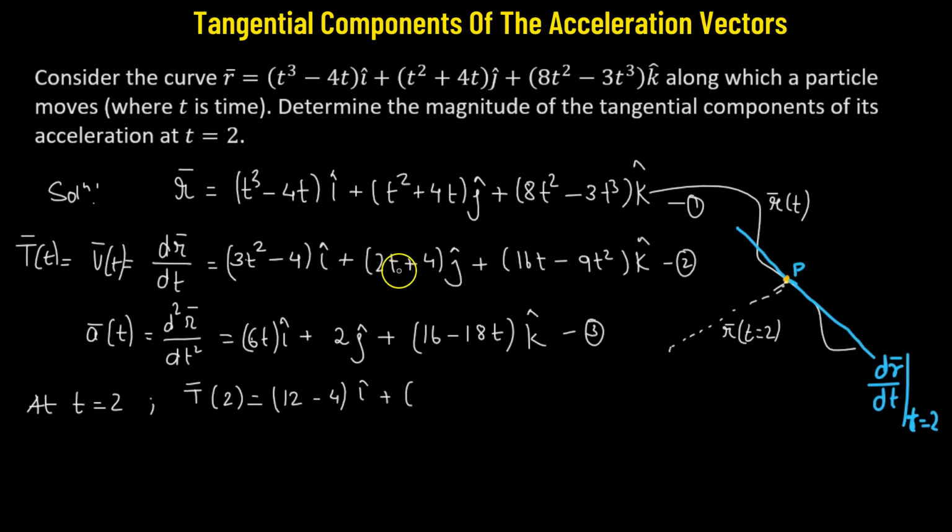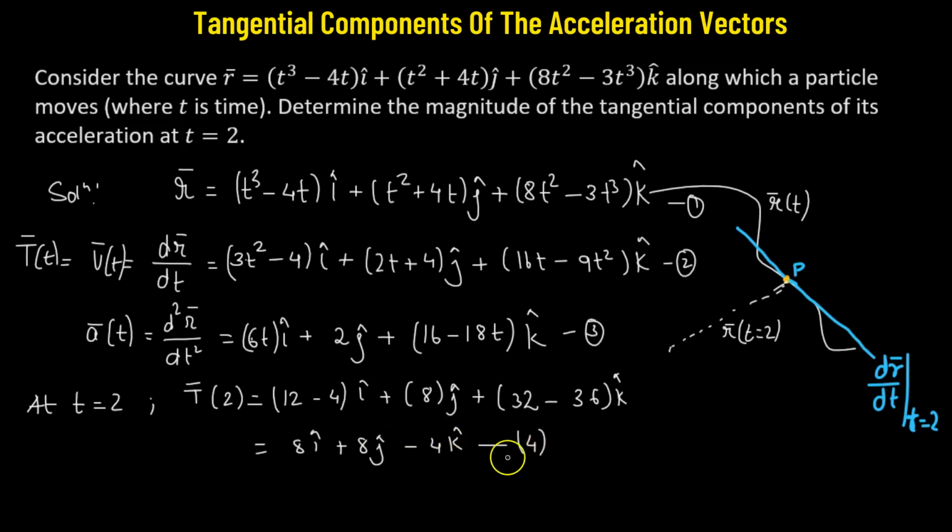Plus we have 2 times 2, that's 4, 4 plus 4, so that will be 8 j cap. Plus 16 times 2, that's 32, minus 9 times t squared, 4 times 9 is 36, so minus 4 k cap. So our tangential vector will be 8 i cap plus 8 j cap minus 4 k cap. Let's label this as equation number 4.